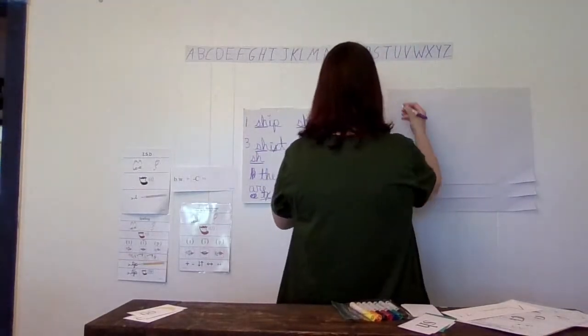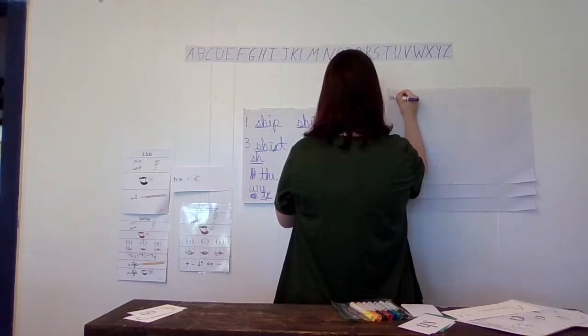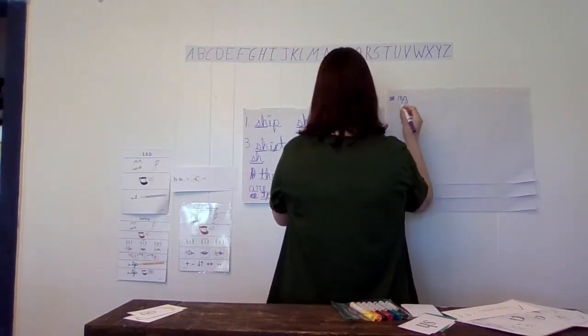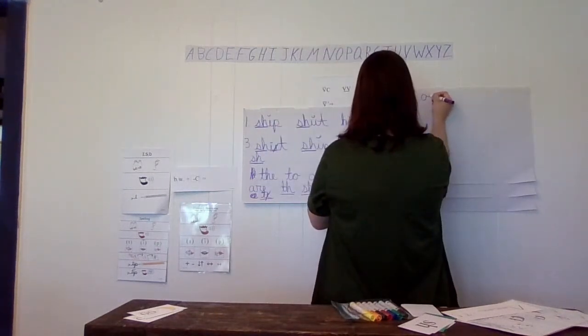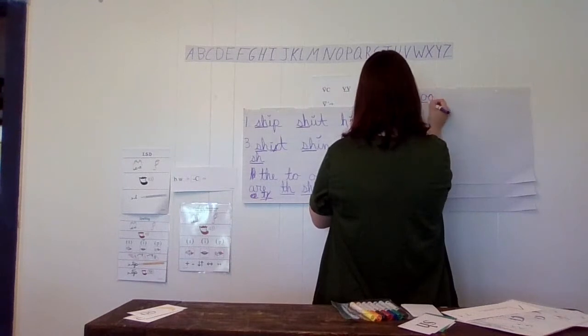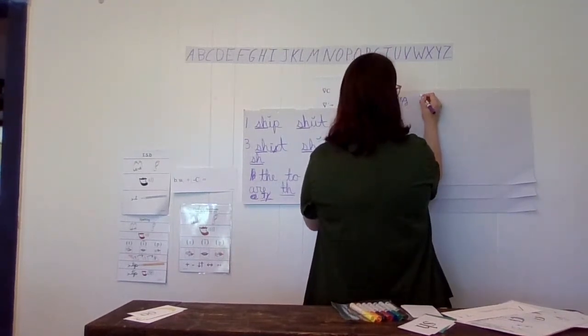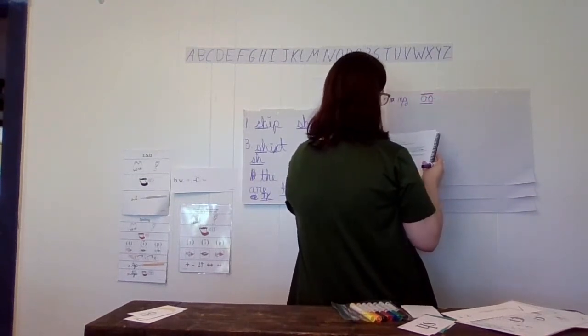All right, we know that N before G makes the sound, and we code it with a G hook. And we underline the digraph OO, and we code it with a mega macron, which is one that goes all the way across, if it says ooh, like mood.